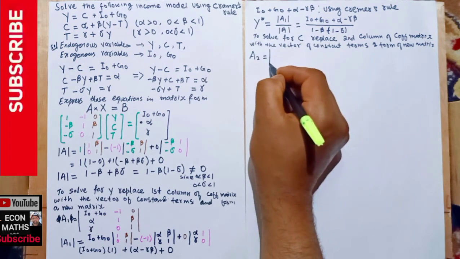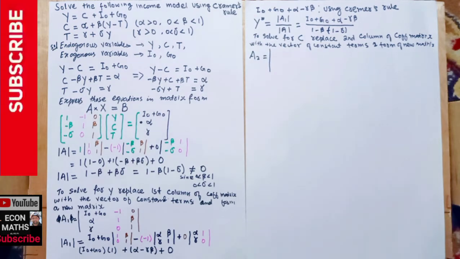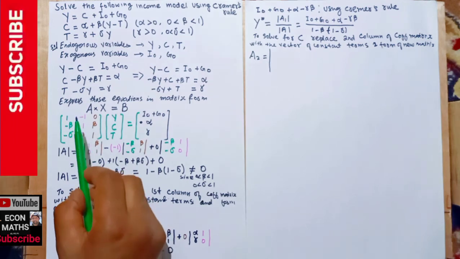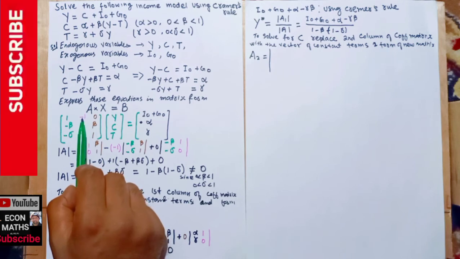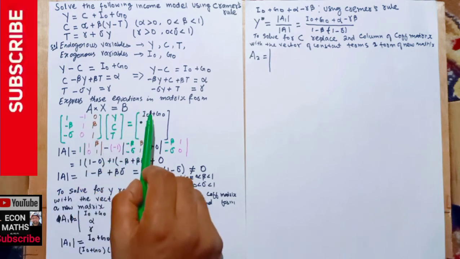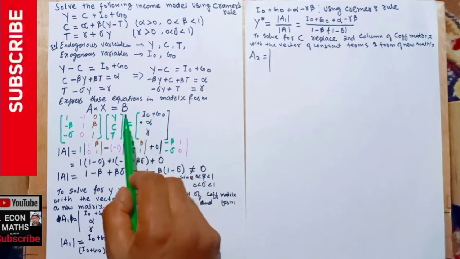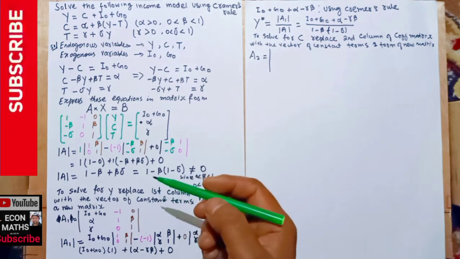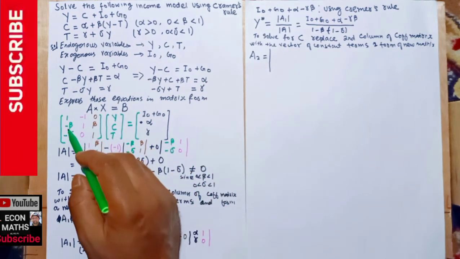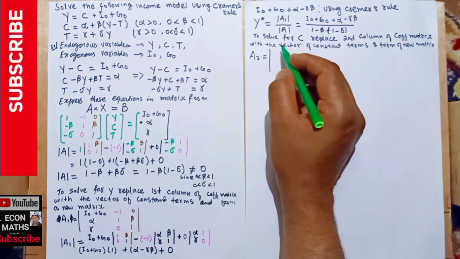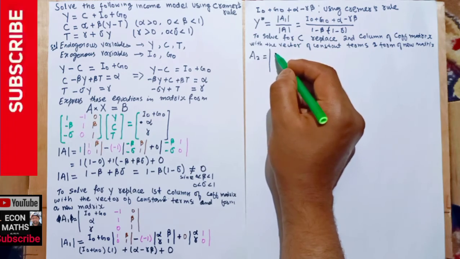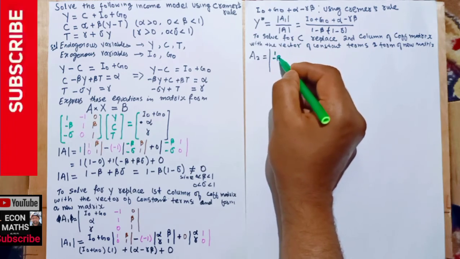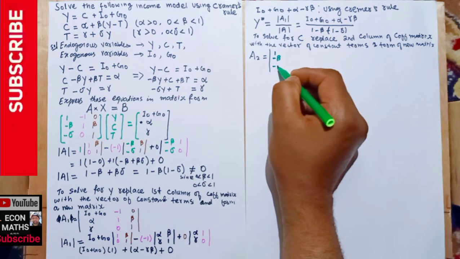Now we have to make the new matrix. In the new matrix A2, which is formed by replacing the second column of the coefficient matrix with the column of constant terms, our new matrix will be 1 minus beta and minus delta.